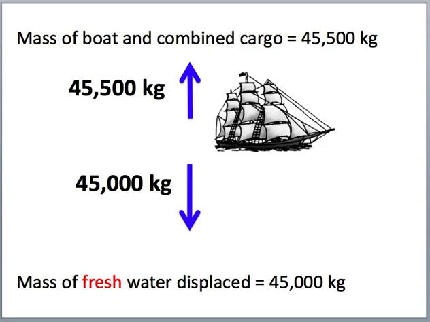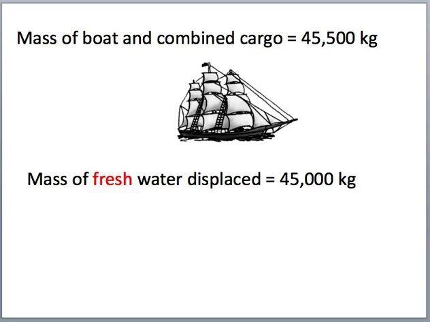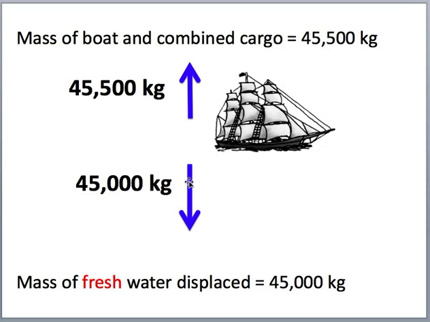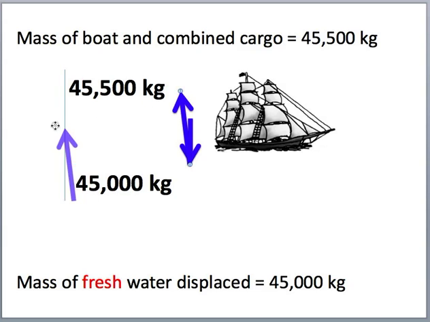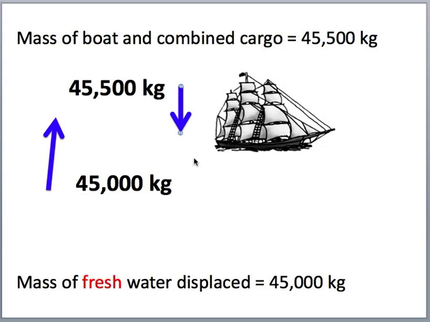I think what I want to do here, I'll switch this, is I want to have this pushing down and this pushing up, because that's what we want to do here. So the force of the water pushing up is 4,500. The mass going down is 45, and that's not a good situation. They're going to sink because they're too heavy.